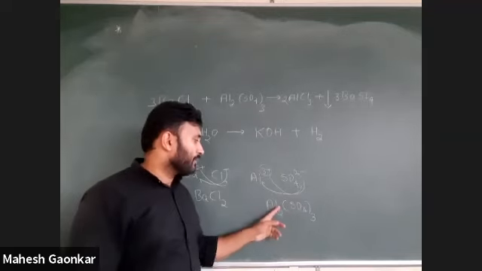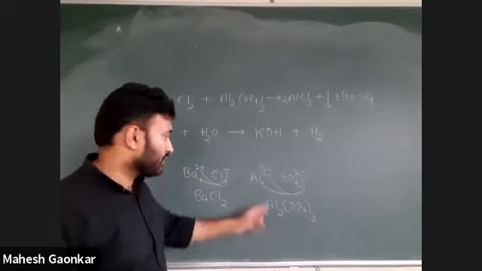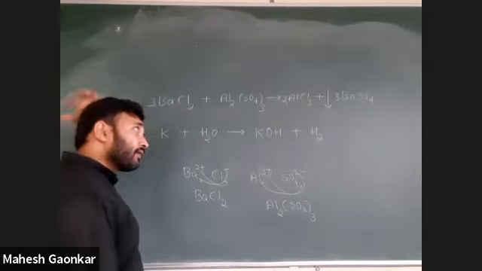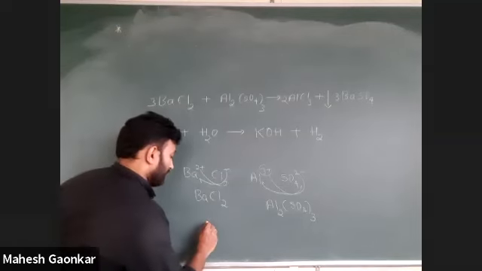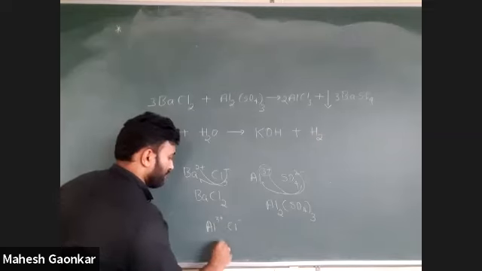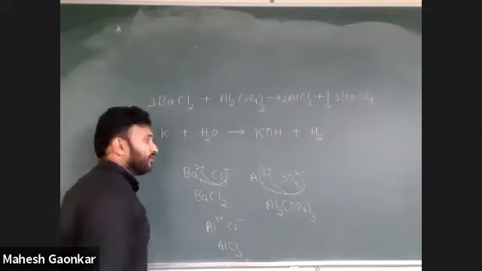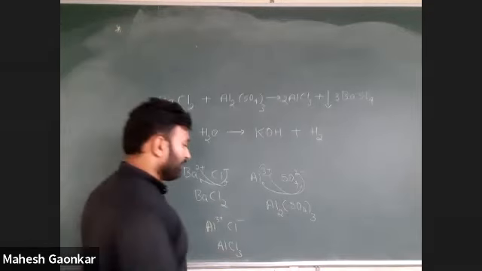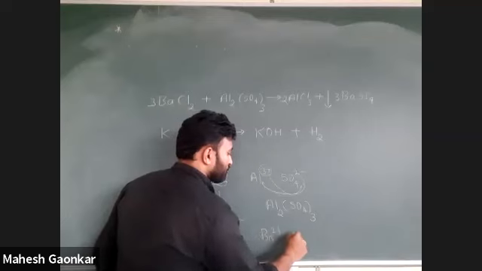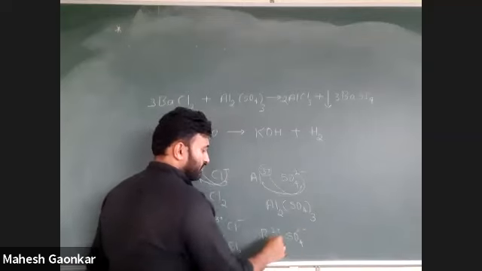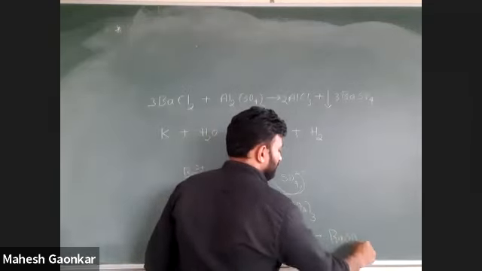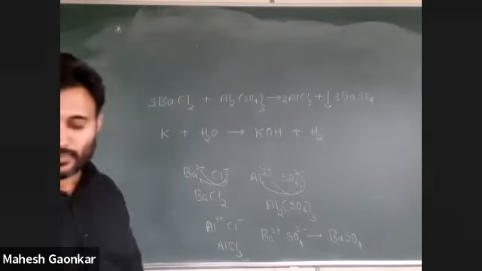So the formula will be Al2(SO4)3, because the charge of aluminium is 3 plus and the charge on sulfate is 2 minus. Got it? Aluminium chloride: Al3 plus, Cl minus, so it is AlCl3. Barium sulfate, similarly, barium its charge is 2 plus and SO4 2 minus, so it will be BaSO4. Got it?